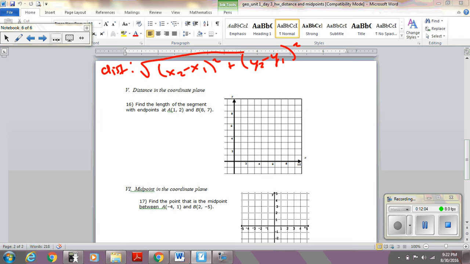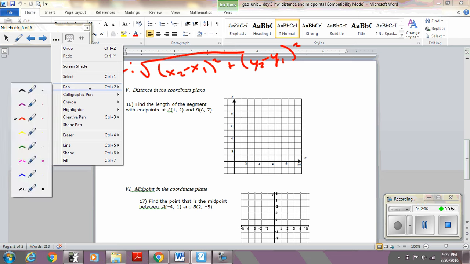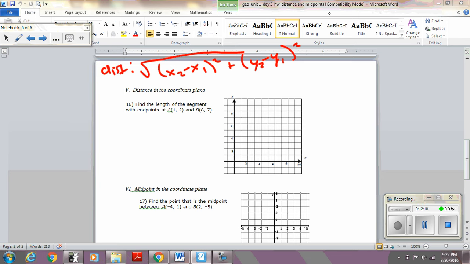The midpoint formula is x sub 1 plus x sub 2 over 2, y sub 1 plus y sub 2 over 2.